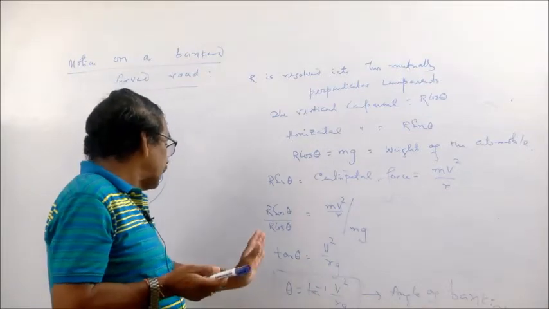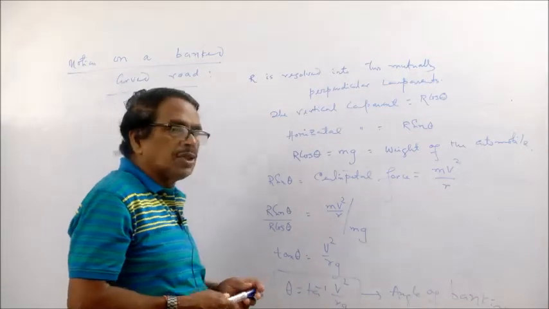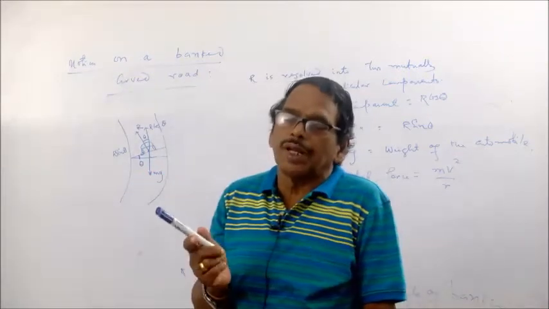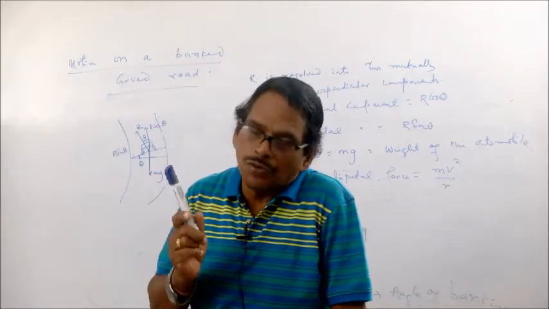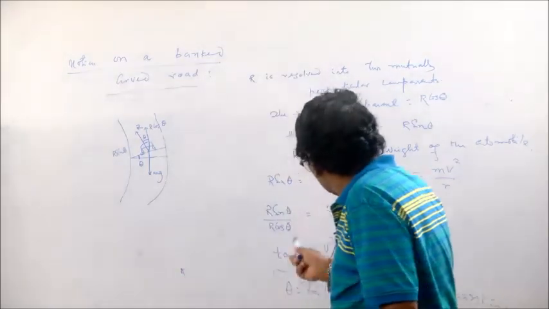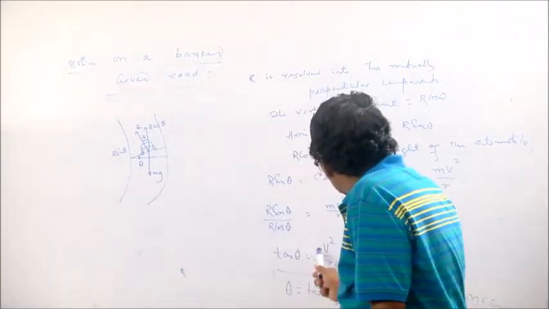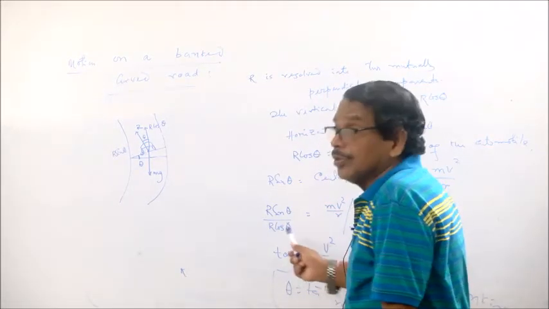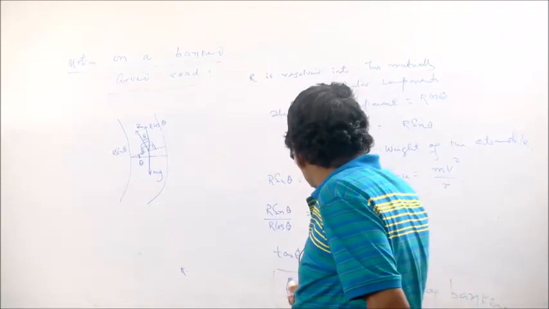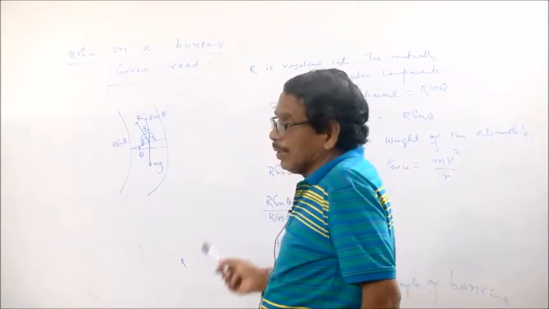So, how to maintain this condition? Tan theta is equal to v square by rg. The only option with the driver is to control the velocity or speed of the automobile. So, v is left to the driver. Velocity is to be controlled so that this condition is maintained, tan theta is equal to v square by rg.